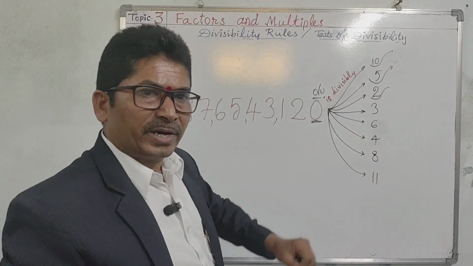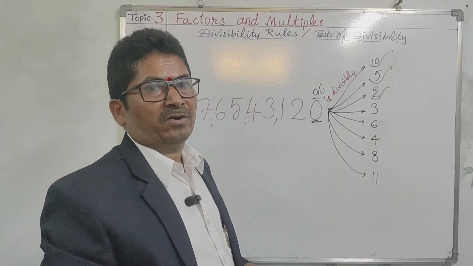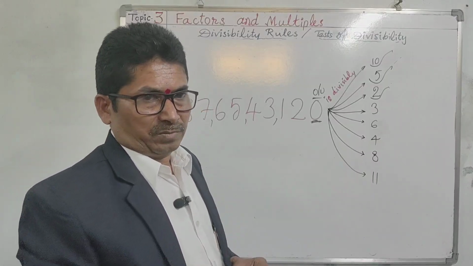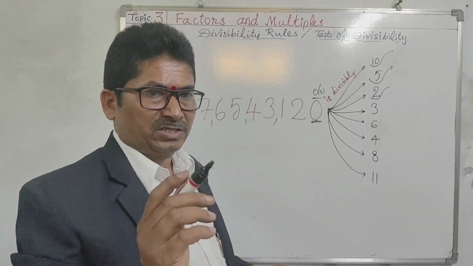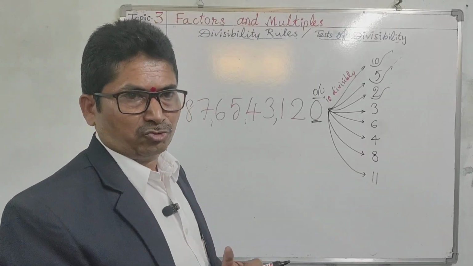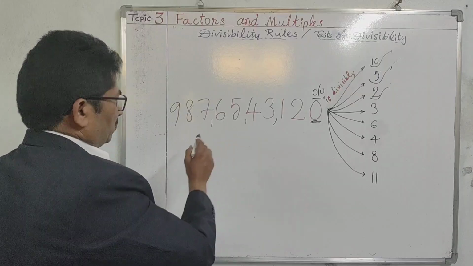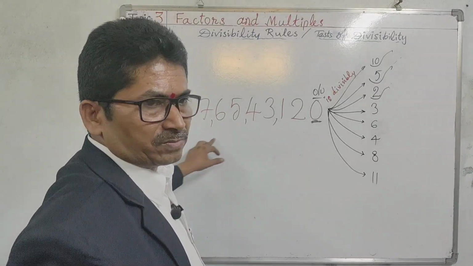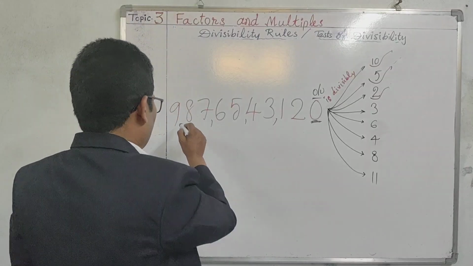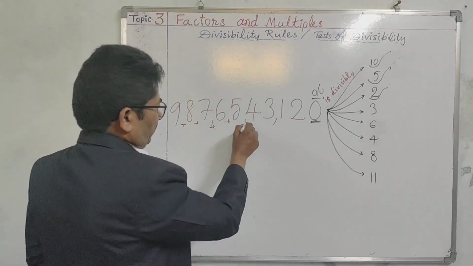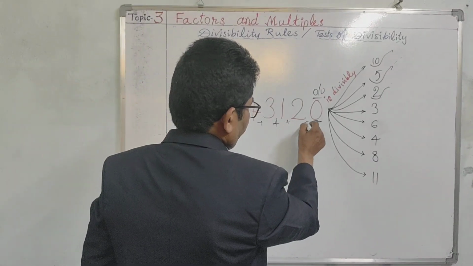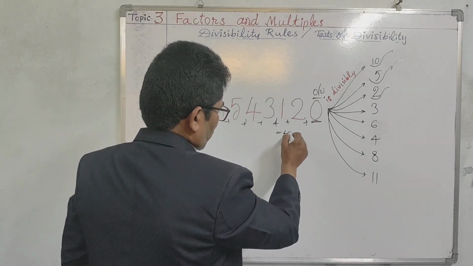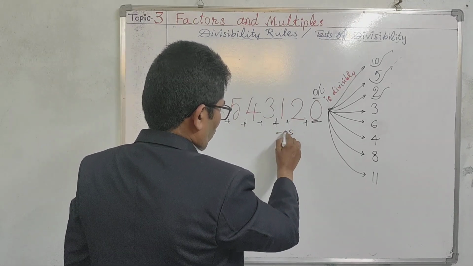Next, is this divisible by 3? How to identify? We have to find the digital root. If the digital root of a number is 3, 6 or 9, then the number is exactly divisible by 3. We know the digital root already. In this, the sum of all the digits is how much? We have already calculated: 45, a 2-digit number.